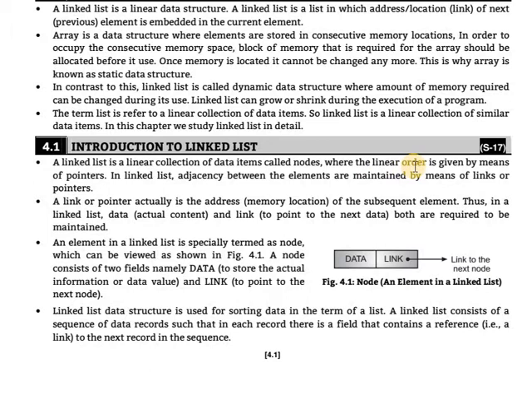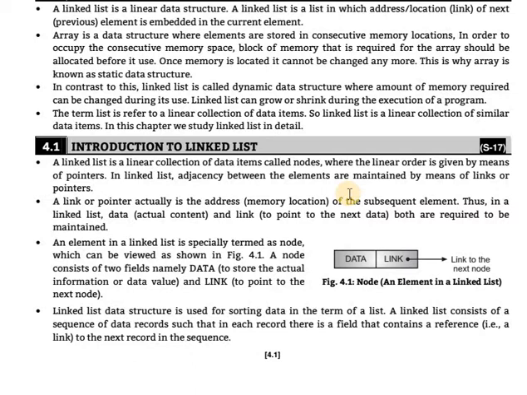What is meant by a pointer? It is the address of the next link, next element, or next node. The adjacency means the elements are maintained one after another by their links or pointers. For one element, the address of the next element or next node is present in the previous node.